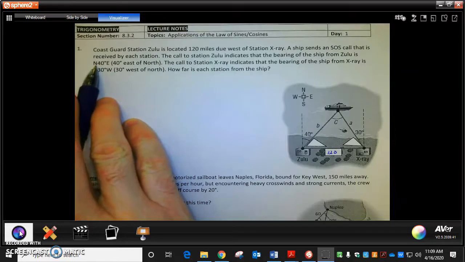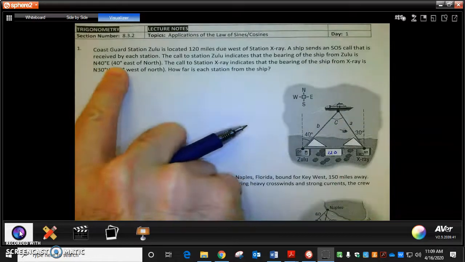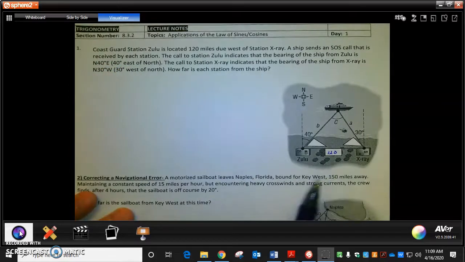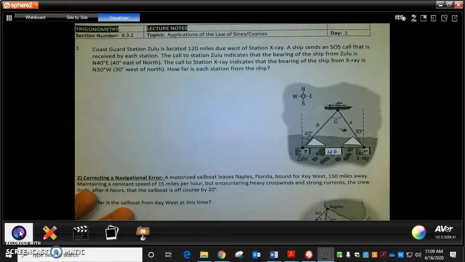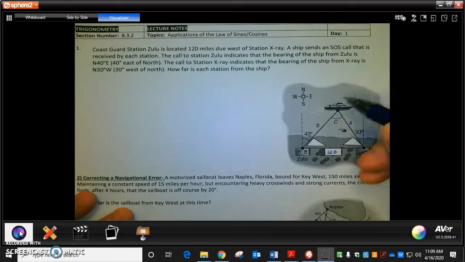It means you look north and then rotate 40 degrees to the east. That's the direction the signal is coming from. That's all they can tell, what direction it's from, but they can't see the ship.